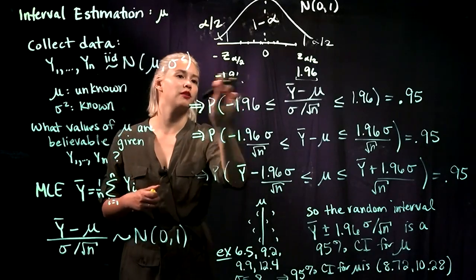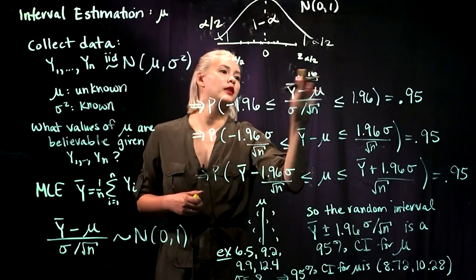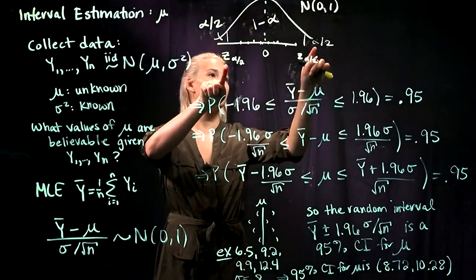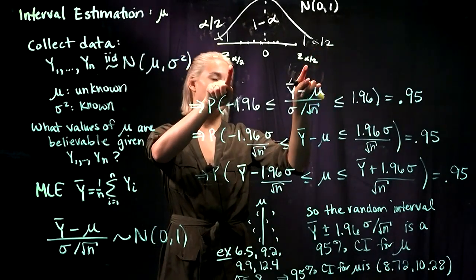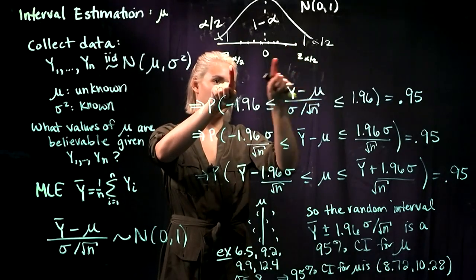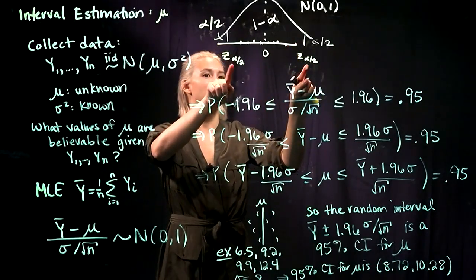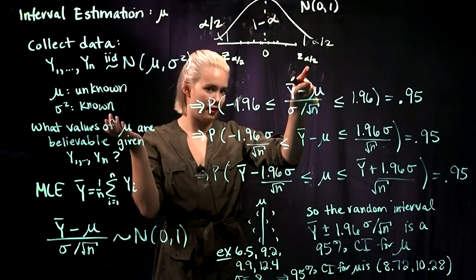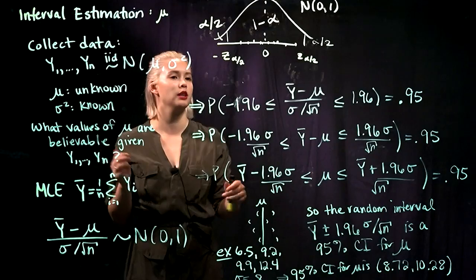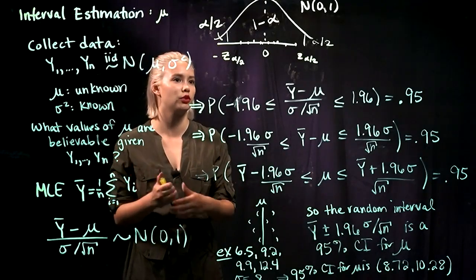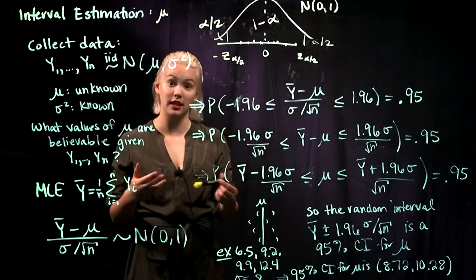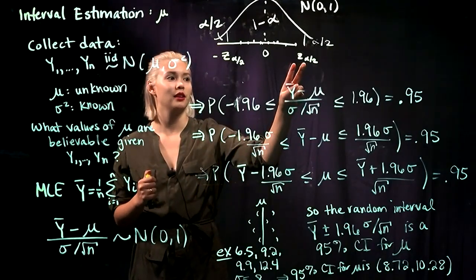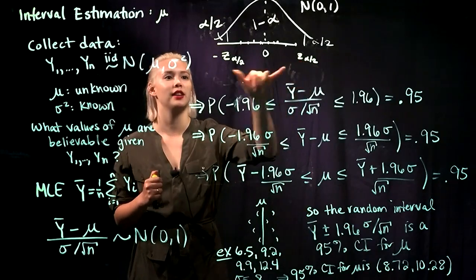And so we would be looking for these two cutoffs. Since it's a normal distribution centered around 0, this particular cutoff is going to be the negative of that cutoff, so we only need to find one. All we need to do is use a table or the qnorm command in R to find these two cutoffs.